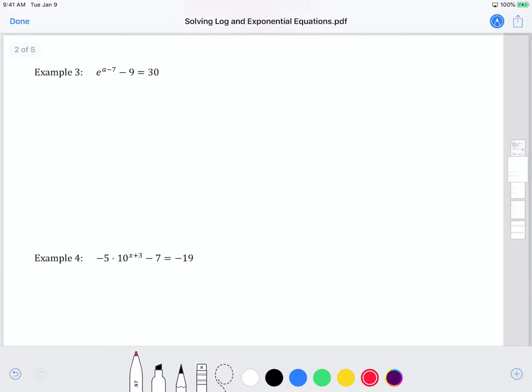Okay, example 3. I want to isolate my exponential. Here's my exponential part because it has the variable in the exponent. So I want to add 9 to both sides. So my exponential part is isolated. This is an exponential form.